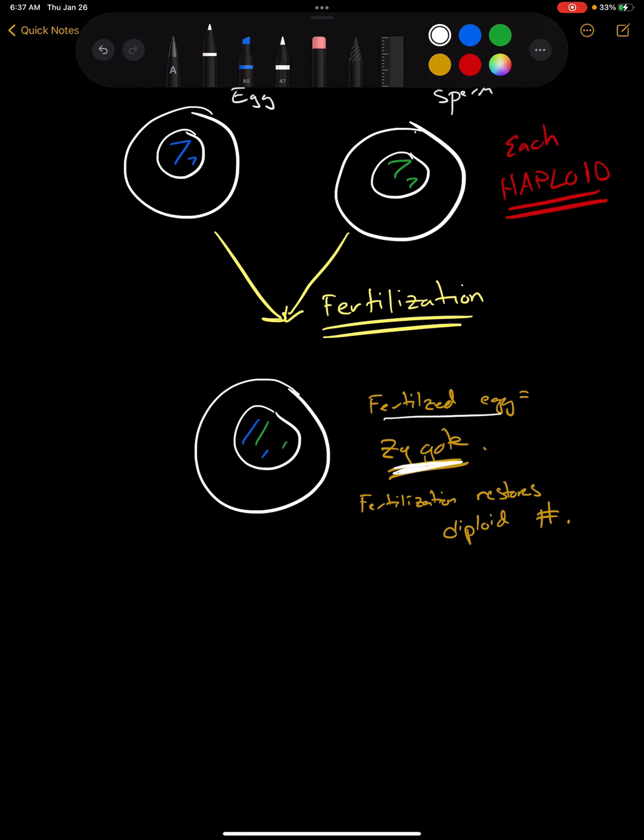And now look, I have 2 big sticks and 2 little sticks, right? Because fertilization restores that diploid number. Then this little sucker can go through mitosis, because remember, mitosis is about growing your organism, and he will turn into a full organism, okay?